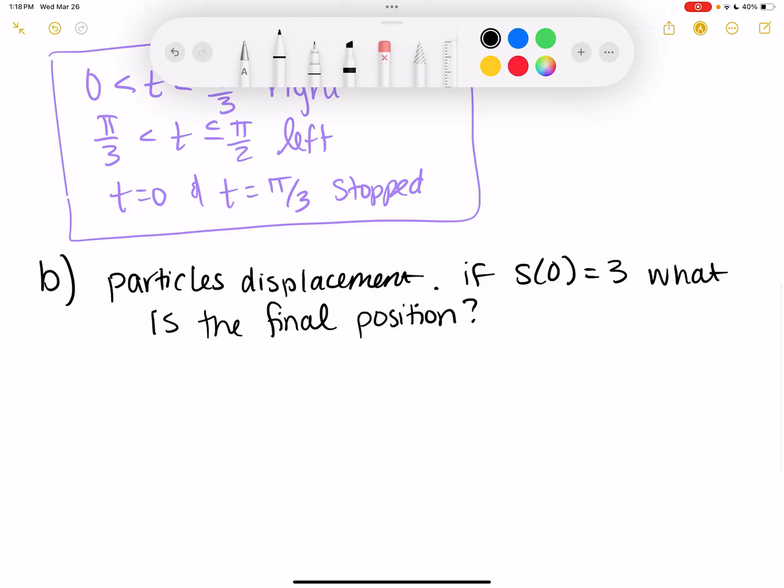So if I have velocity and I need position, what do you think I should do? Yep. So I'm going to have 6 times the integral from 0 to pi over 2.